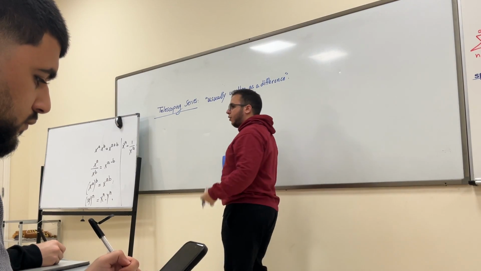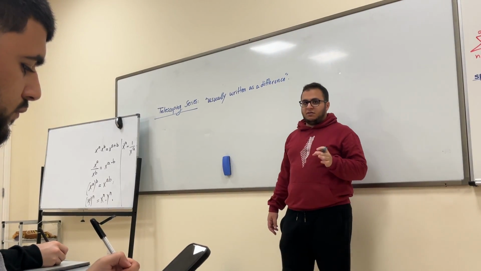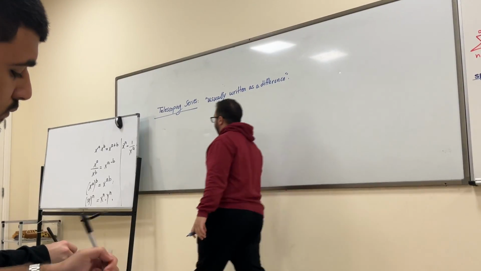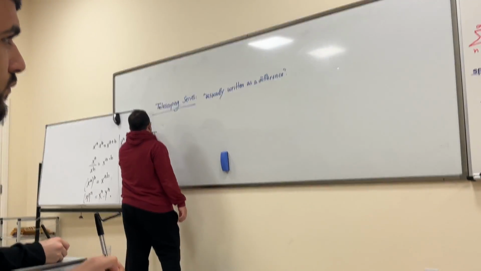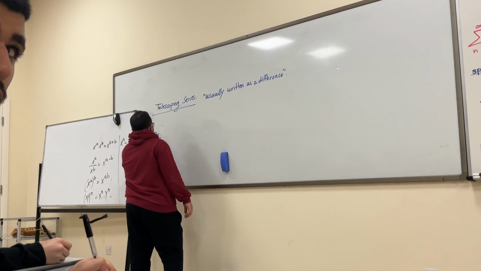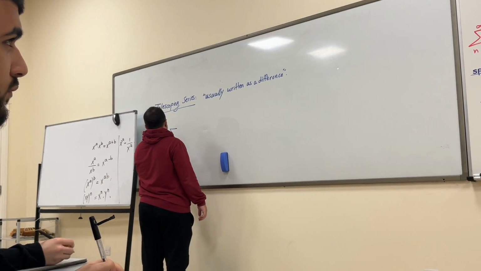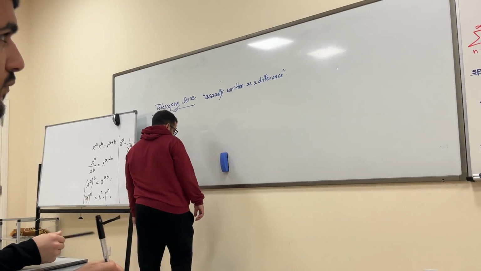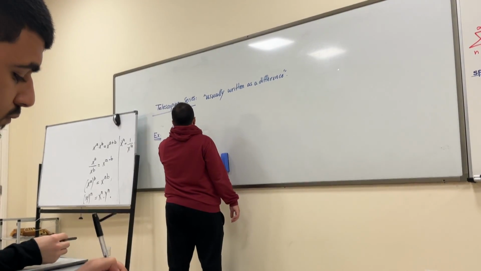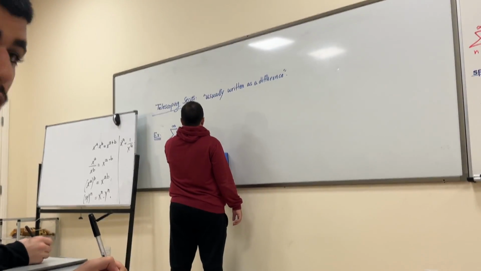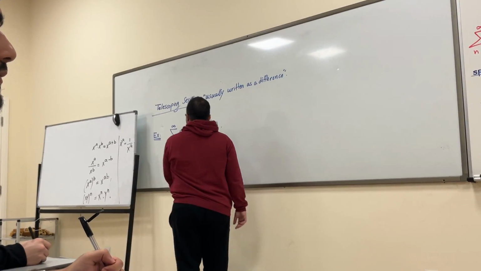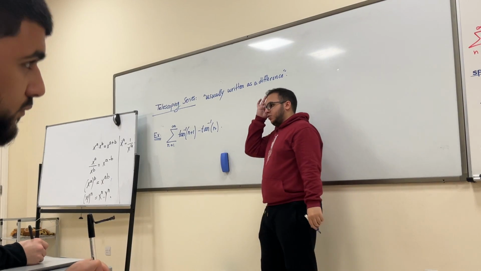So it's not something power n. Yeah? It's just a difference between two functions. Let me show you an example. An example of a telescoping series would be the following. Summation n equals 1 to infinity of tan inverse of n plus 1 minus tan inverse of n. This is a telescoping series.